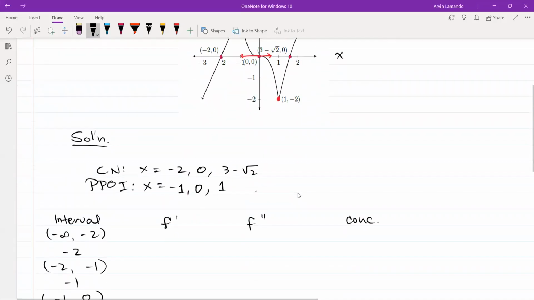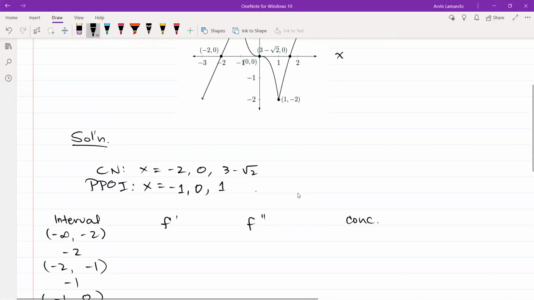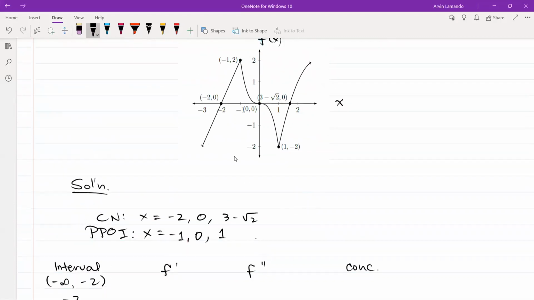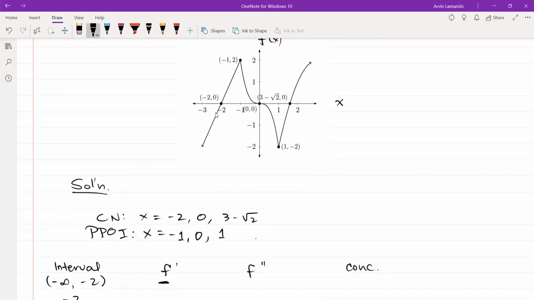Okay, it's quite obvious that in the interval negative infinity to negative 2, f prime is negative. However, the tangent lines at this interval are always facing upwards, or you have a positive slope for these tangent lines.